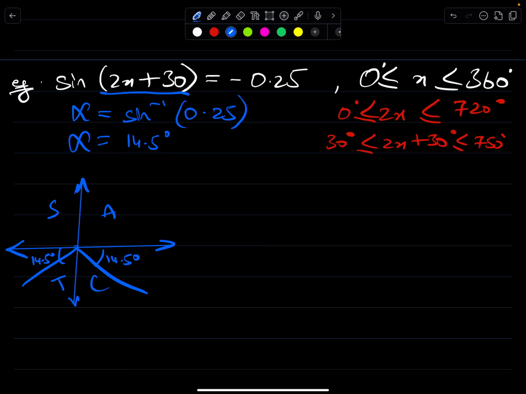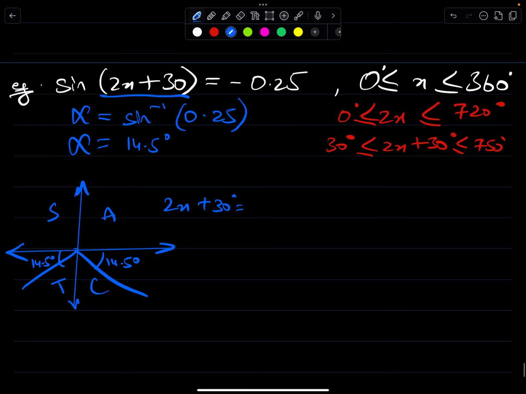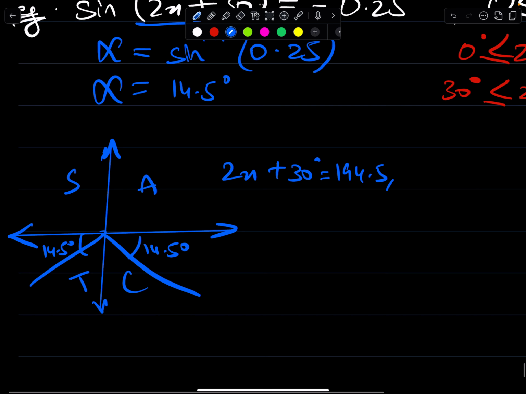Then we have 2x plus 30 degrees is equal to, the first answer we have is 194.5. Then we have 360 minus 14.5, which is 345.5.